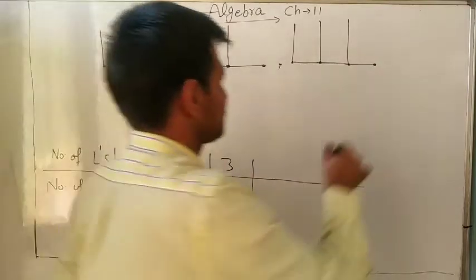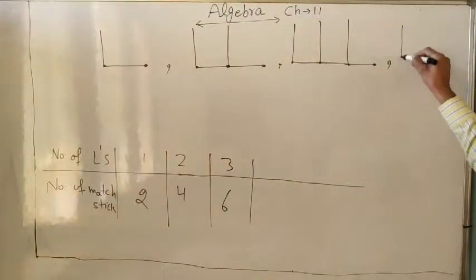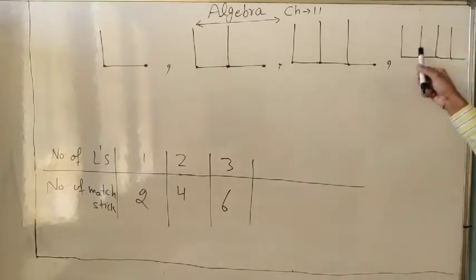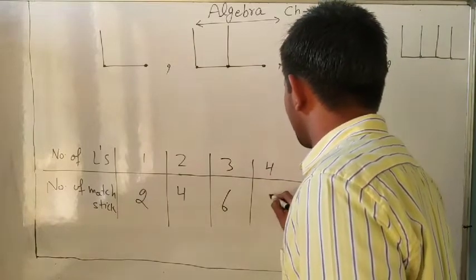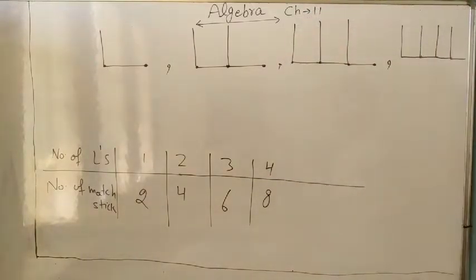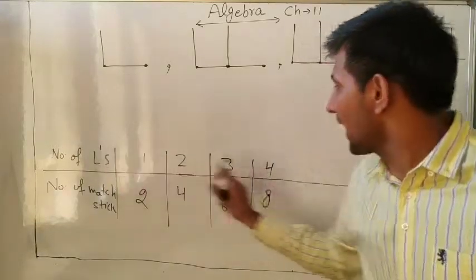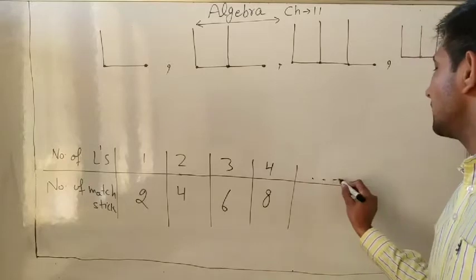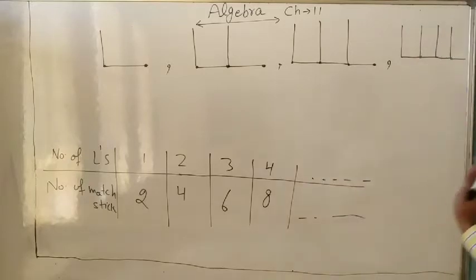Same as that, if I ask you 4 L's, how many matchsticks? 1, 2, 3, 4, 5, 6, 7, 8. So 8 matchsticks are required for 4 L's. It is always increasing, or not?